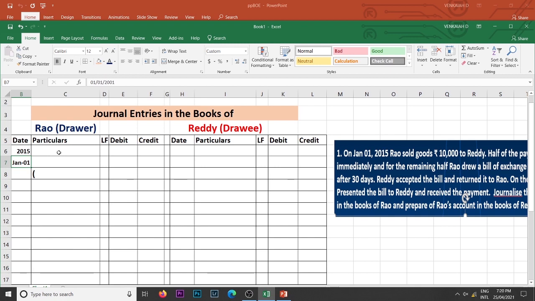On 1st January, Rao sold goods to Reddy. Reddy is receiving the goods, so Reddy's account is debited to sales account. The amount is 10,000.